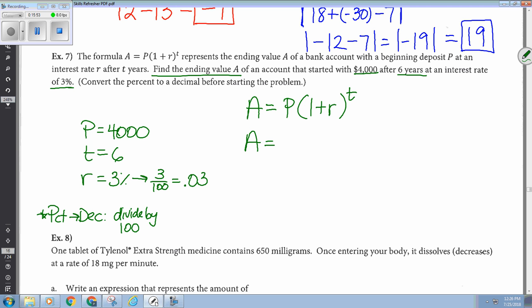That number is what would go into the formula. So now we plug in what we have. That's 4,000 times 1 plus 0.03 raised to the 6th power.